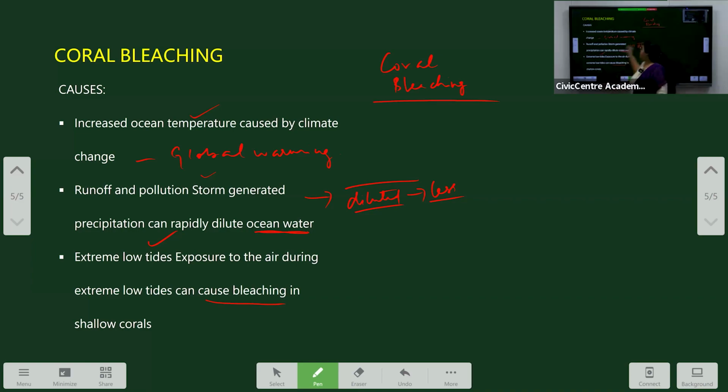We need to understand why we are discussing coral bleaching. Humans always tend to think about economy. These corals have a great economy by way of tourism. And if the corals are bleached, then the tourism economy is affected.